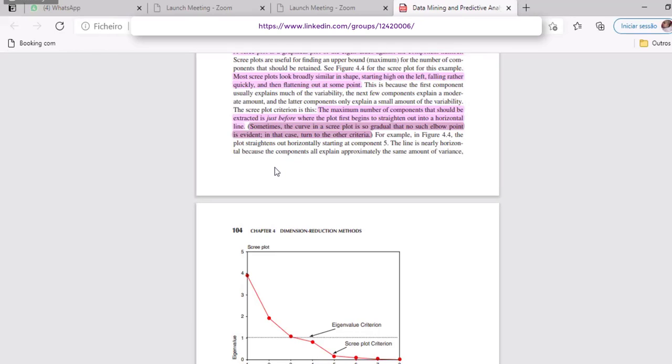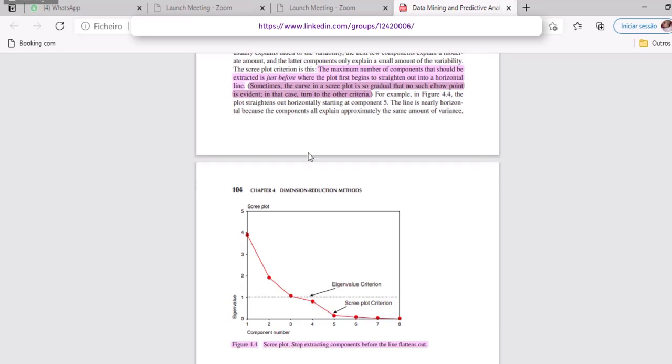What it says is that when you reach a horizontal or almost horizontal line, you need to exclude these components because they are not explaining much of the variability. So it's the same principle as we have seen before, but shown in a different way with the scree plot.